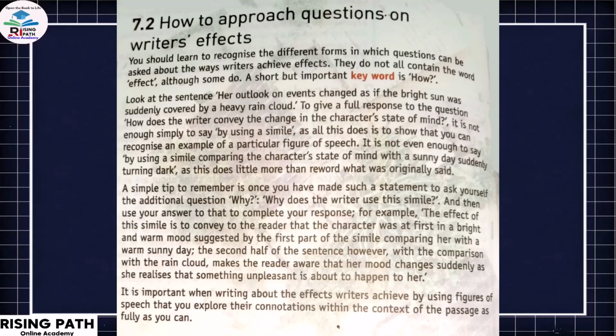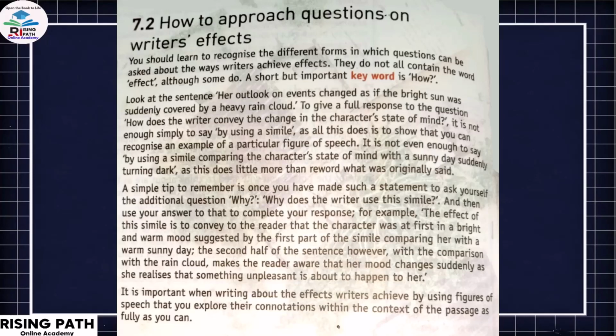You have to find out what the impact is, and discuss it. First you have to understand why the writer has used it.